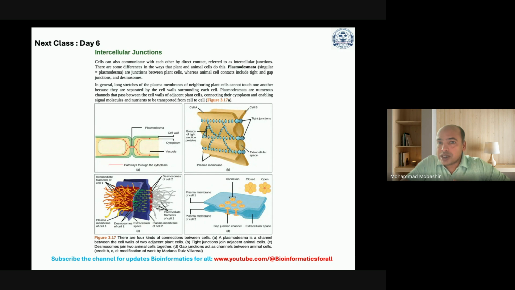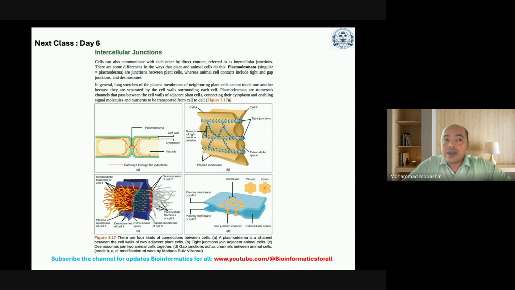Plasmodesmata are the junctions between plant cells, whereas animal cells have different kinds of junctions, for example, tight, gap, and adherens junctions, and then desmosomes. Basically in animal cells, there are two types of junctions, which I will be explaining.